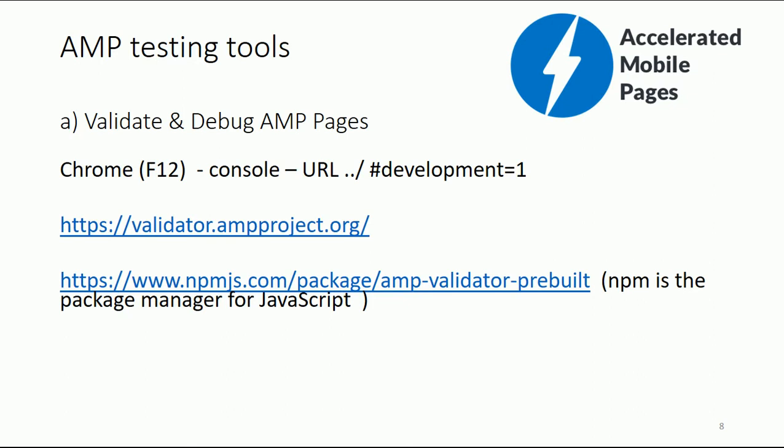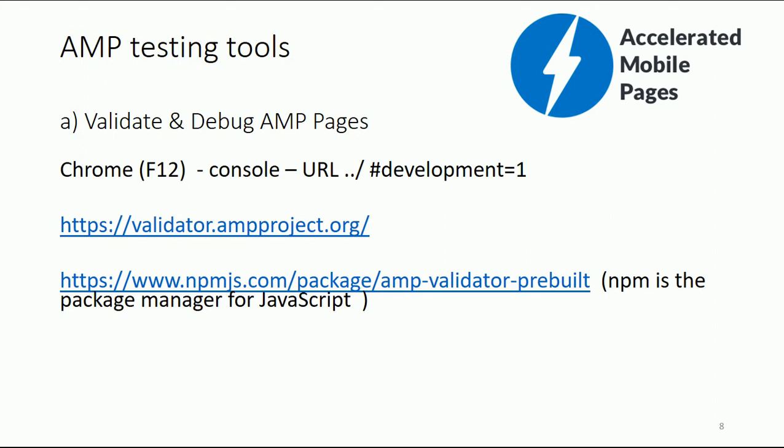Today I will show you how to test AMP. I will divide the practical part into two tasks. The first one is validating and debugging AMP pages, where I will show you three methods.